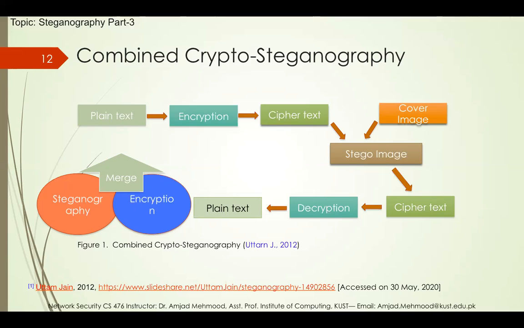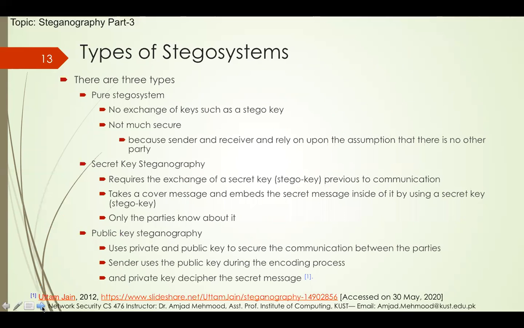But in case he gets that information, he will not be able to get its meaning, as the information is encrypted. That is how we can make the communication of the network more secure. I have shown that using steganography and encryption, you can merge them and create a more secure communication scheme.